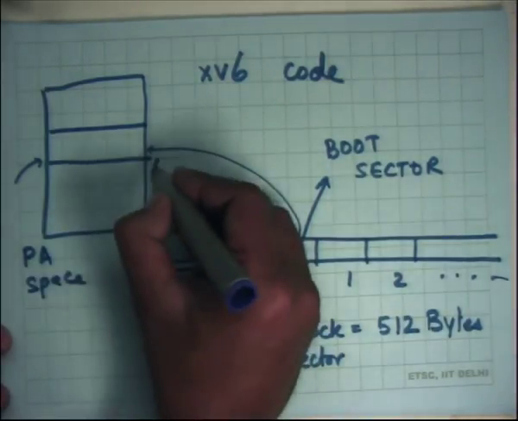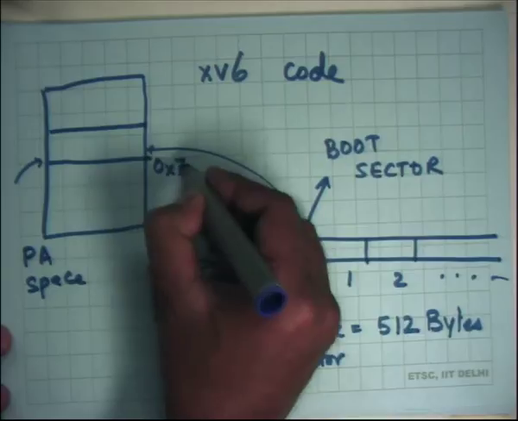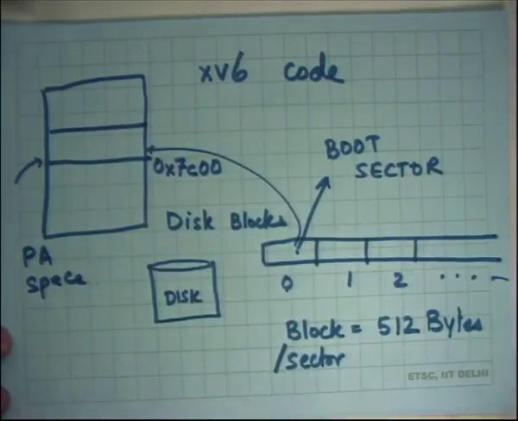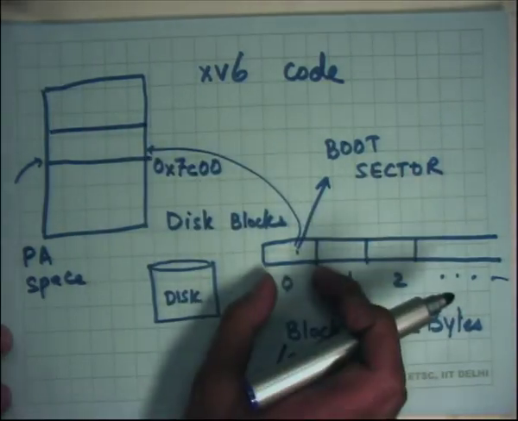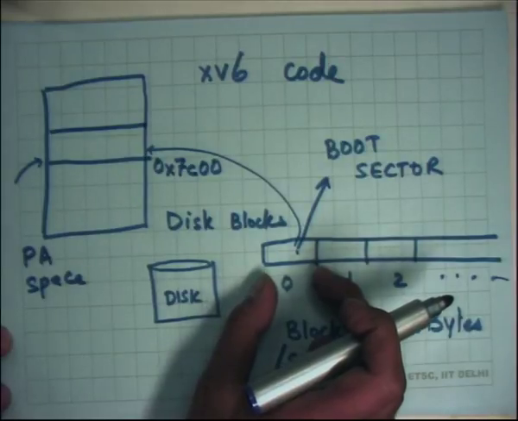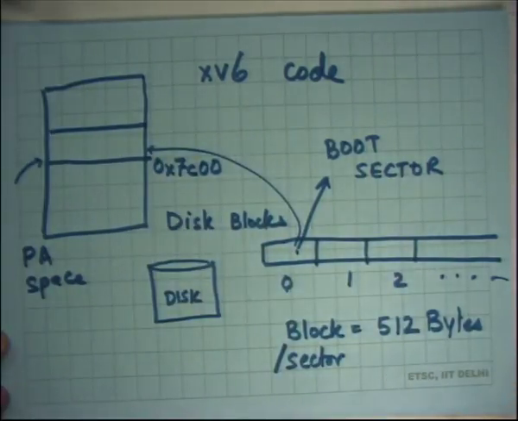On x86 this address is hexadecimal 7C00. So you load this sector of 512 bytes at physical address 7C00, and transfer control to the first instruction.